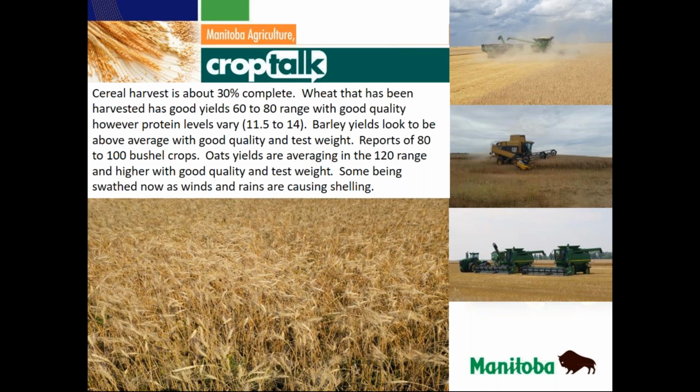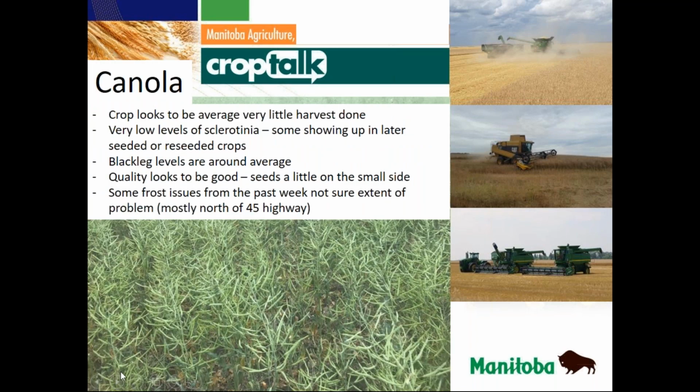So I think producers are looking at this, and in some cases reluctantly looking at swathing some of those crops to try to get them down and get them at least in a situation where they won't shell as much anymore. The only problem with that, with the rainfalls we've been getting, is we're probably going to be losing some quality in those grains fairly quickly as things try to dry down here.